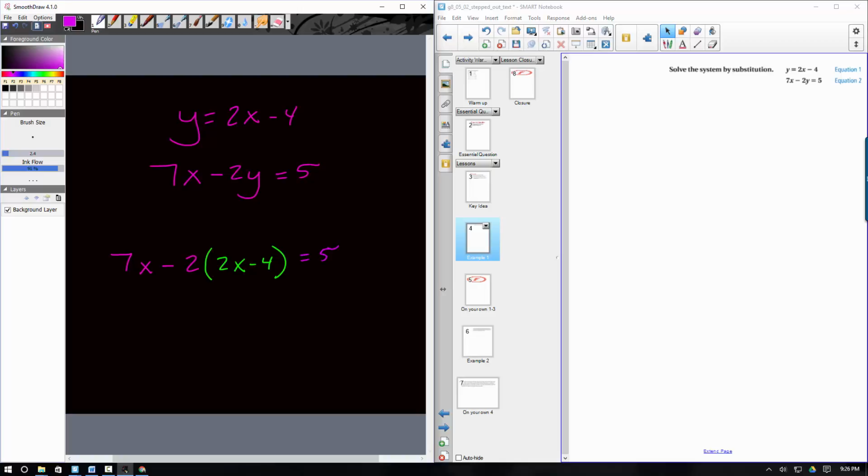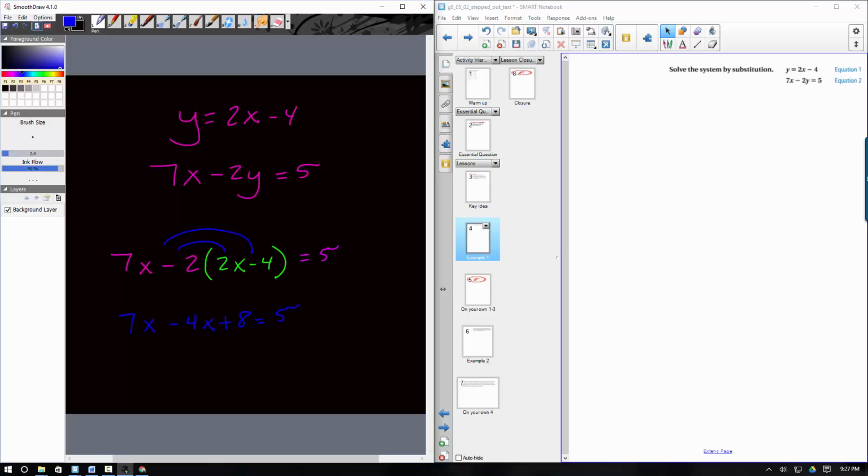So all that I did is I took this y value, and since I know what this y value is, I plugged it in. And now we have to distribute. So I'll do negative 2 times 2, so I'll have 7x minus 4x, and then negative 2 times negative 4 is positive 8 equals 5.